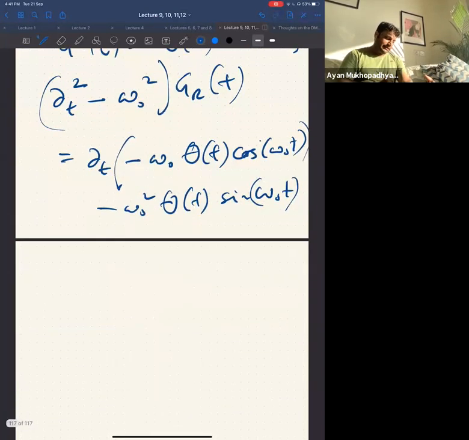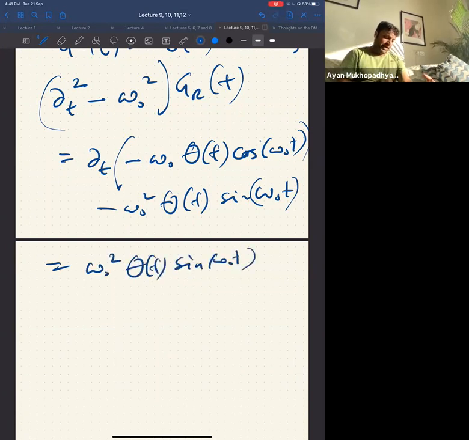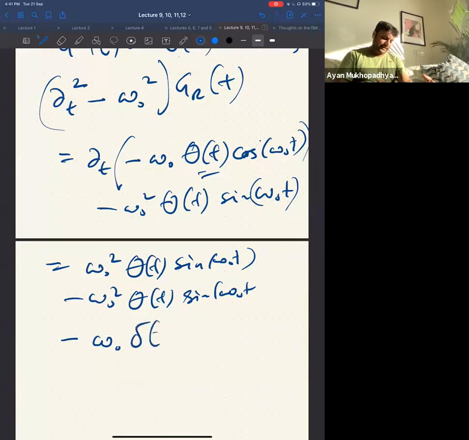Okay. And then when I take another derivative here, the derivative of cos becomes sine, so I get omega naught squared theta(t) sine omega naught t, and then minus of this object, which cancels out. But I also have a derivative of the theta to take, and I get minus omega naught delta(t) times cos omega naught t.